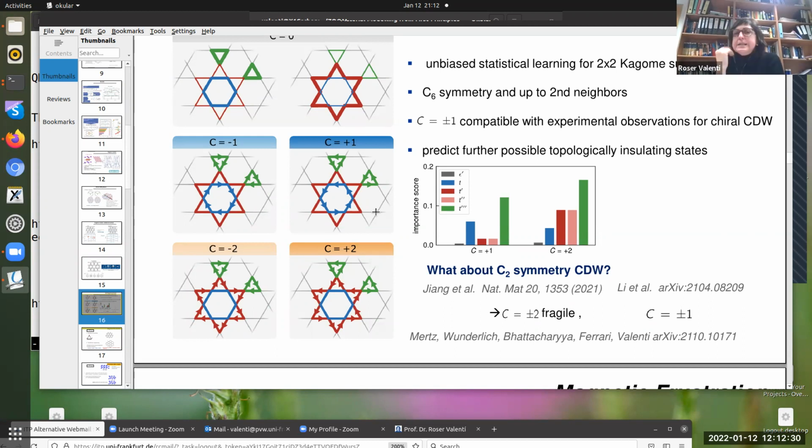I gave you a C6 symmetry, and I gave you a 2x2 lattice. We could do it on a larger lattice. And my point is that with this method you basically exhaust the possible realizations of phases that you can have in this 2x2 or in this 4x4 lattice.